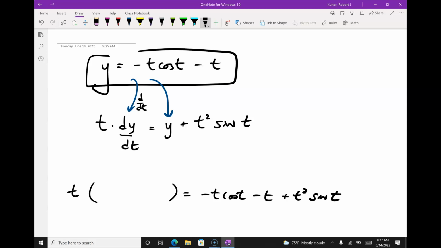So I plugged y in where I could. I've got to plug in the derivative of y as well. So I want to be thinking of the derivative of this. Remember your product rule?